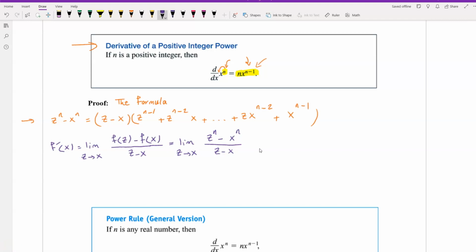What I did here in the numerator was based on what our function was here on top. Here we try to find the derivative of x to the n power. So this x to the n power is our f of x. So f of x in this case is x to the n power. Finding f of z gives z to the n power. So I use these two here in the numerator.